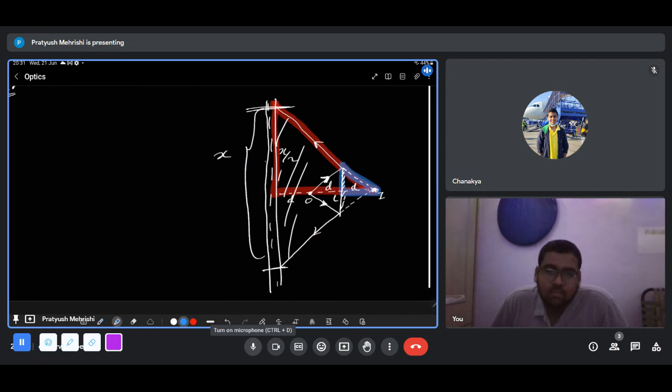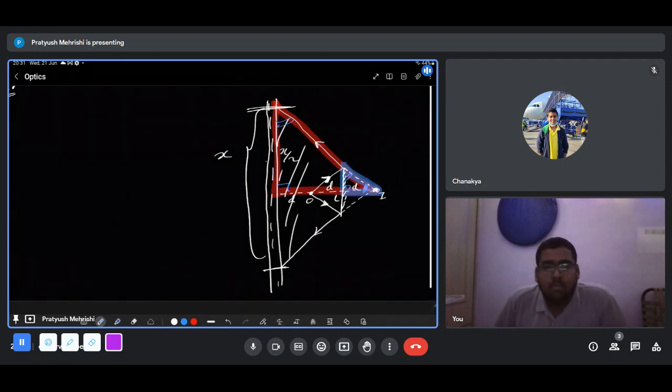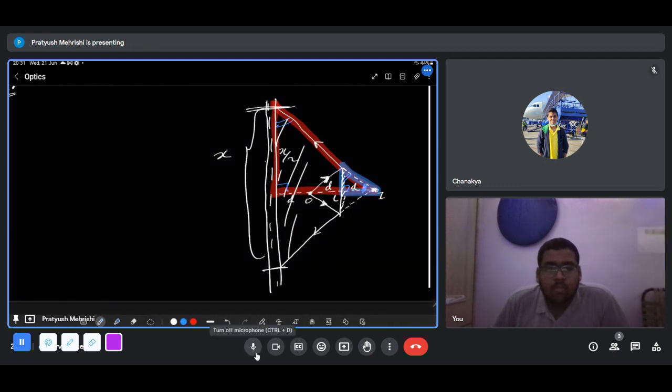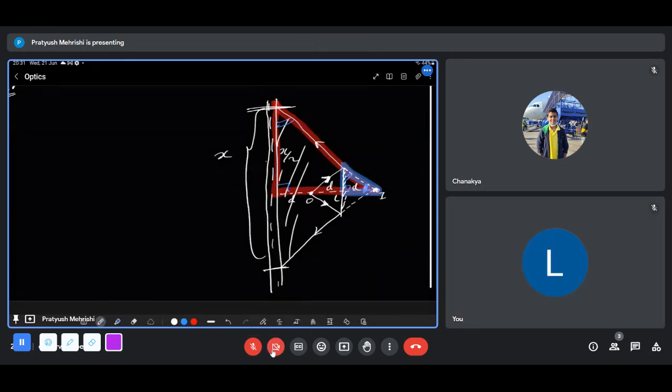Now, what is happening in this small triangle and this larger triangle? Both have one right angle common, both have this vertex common, and both have these two angles as corresponding angles. It means they are also the same. Because of angle-angle similarity, these two triangles are similar.